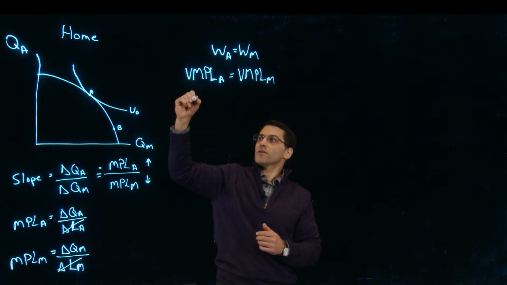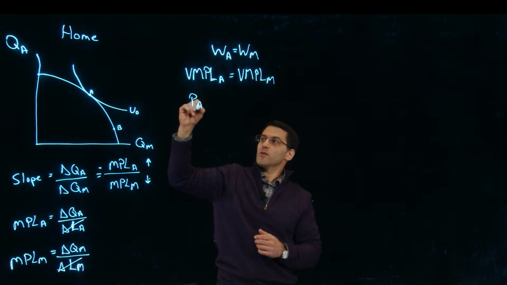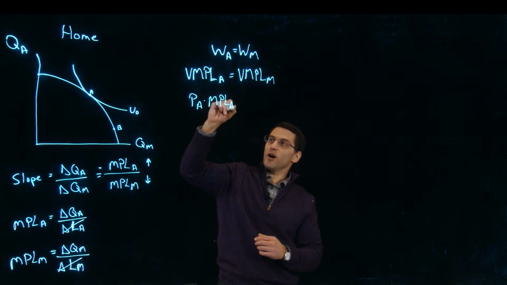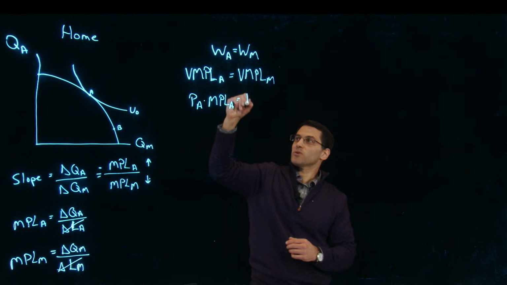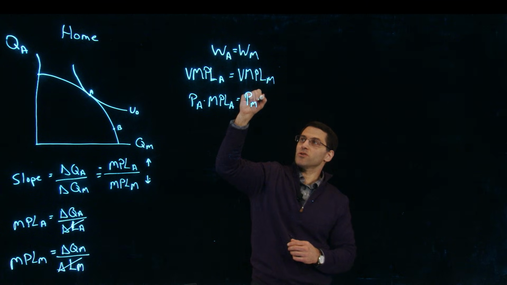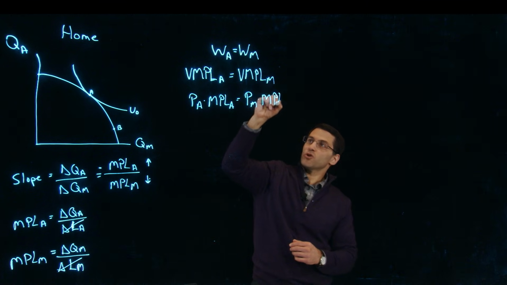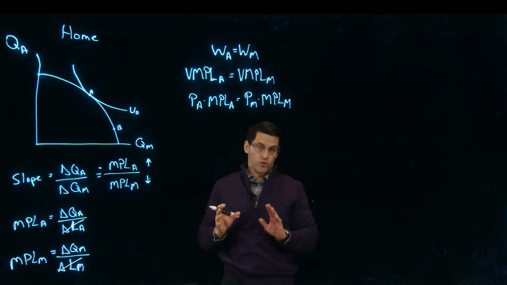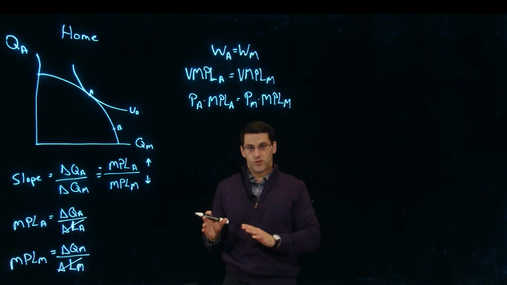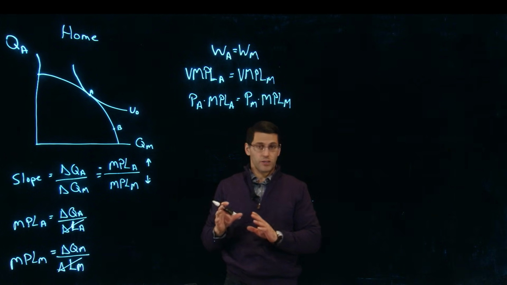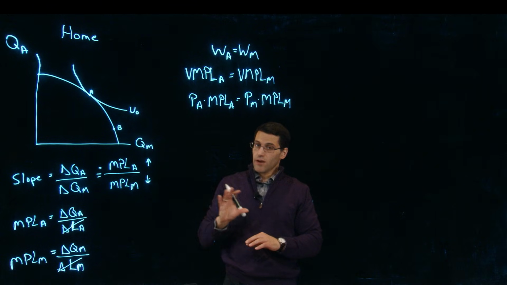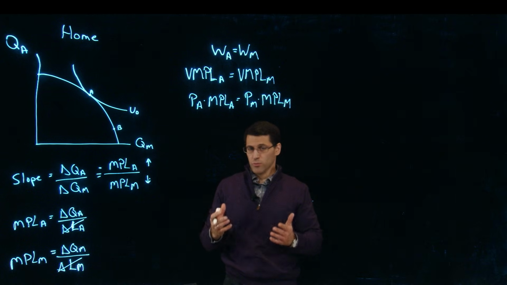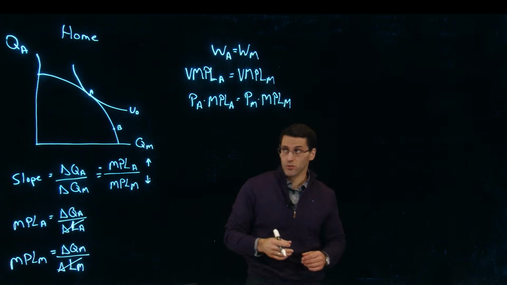Well, that is the price of the agricultural good times the marginal product of labor in agriculture equal to the price of the manufactured good times the marginal product of labor in manufacturing. And again, these equations hold true because we're talking about competitive industries, right, where marginal revenue is equal to price. Okay? If we didn't have competitive markets all around, this wouldn't be exactly true. So we've kept things as simple as possible by assuming competitive markets.